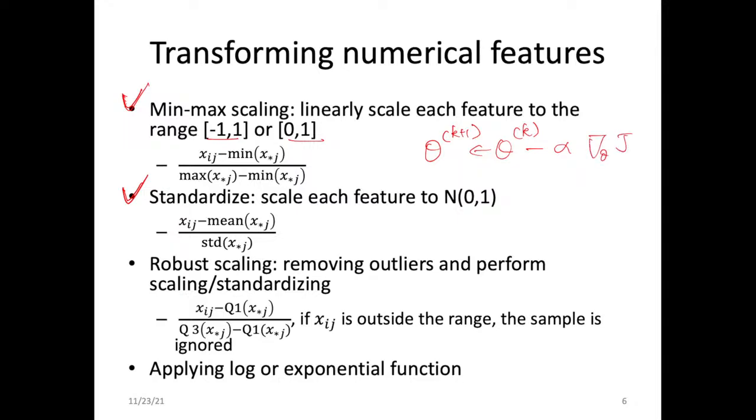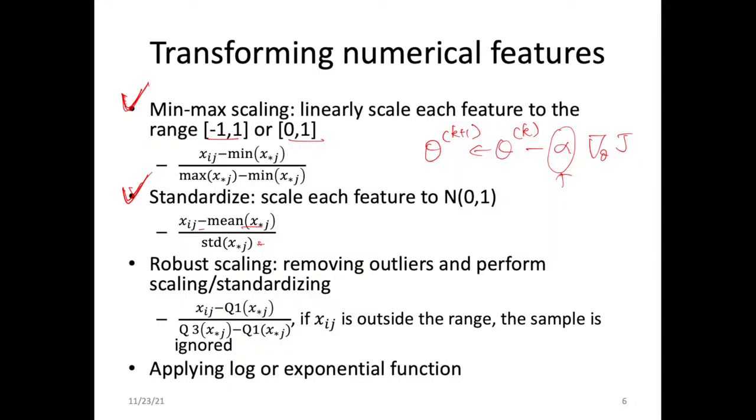And if every feature has a very different scale, then usually it's harder to find a single step size that works for every parameter. And that's why we usually need to scale the feature or standardize the feature first. So this is called scaling the feature. And standardize essentially means you subtract the mean and divide by the standard deviation of that feature.